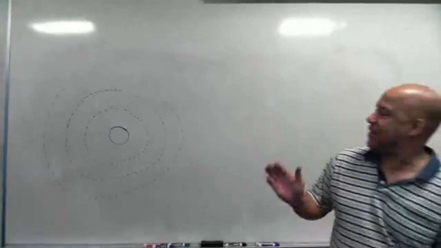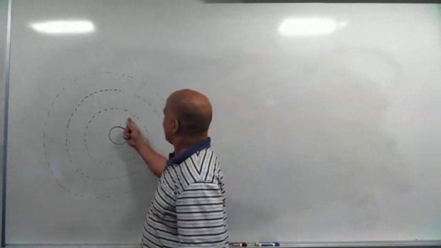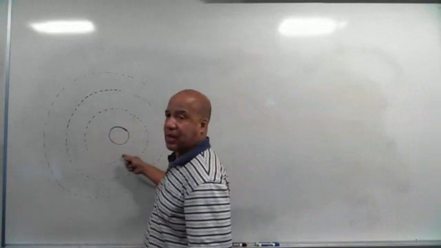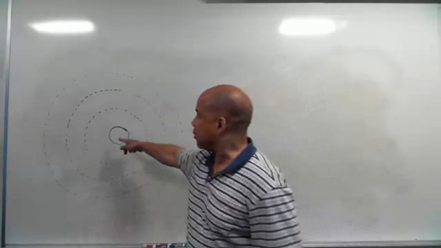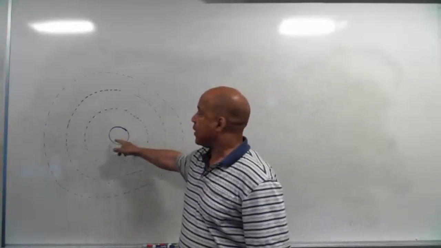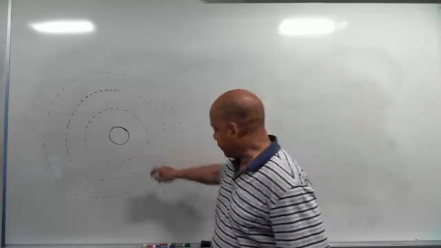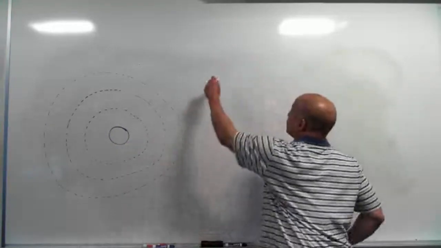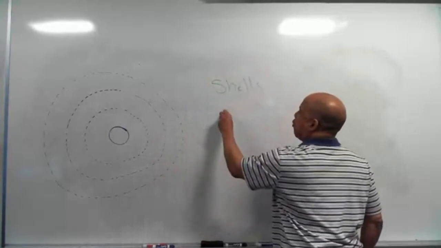All right. So I have a model of an atom, and again, with these dotted lines that represent the trajectory or the path that the electrons take as they revolve around the centerpiece, which is the nucleus. Now, there's names. These are called shells. They're also called orbits.